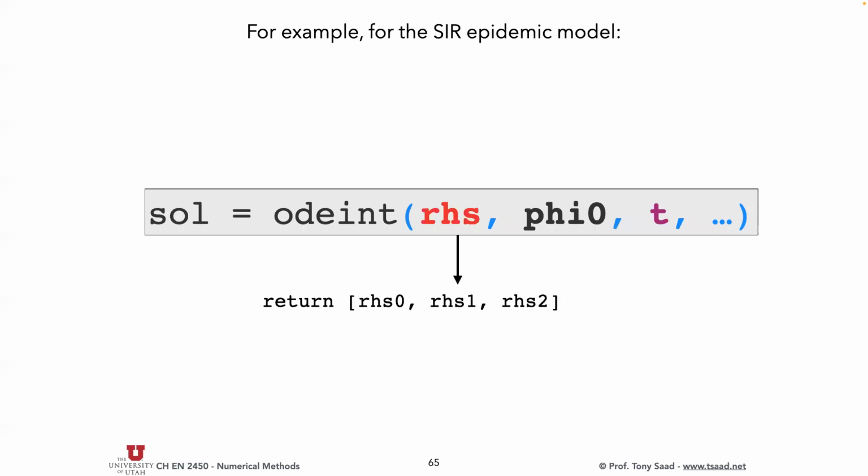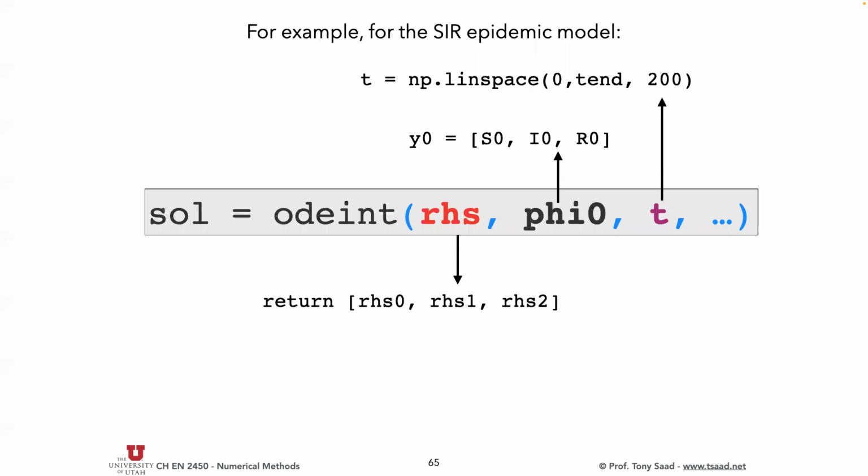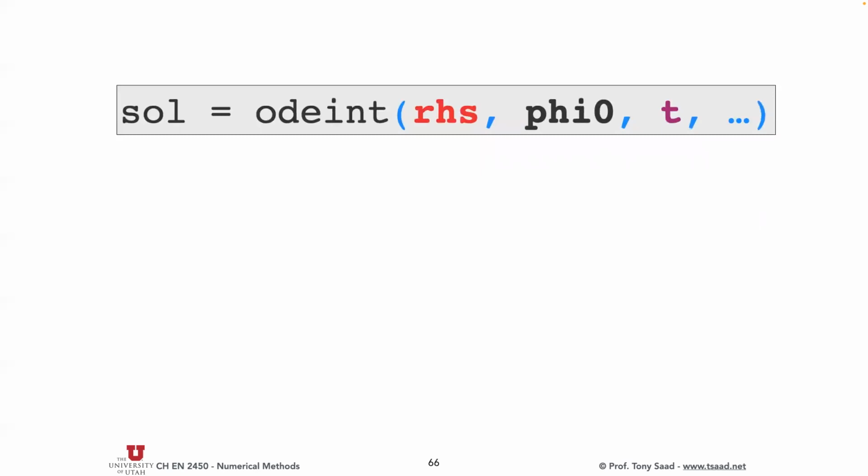And I'm going to return them simply as a list, as this vector of 3 values. For the initial condition, I have an initial condition on the susceptible, on the infected, and on the recovered. And finally, t is whatever, time from 0 to t end.